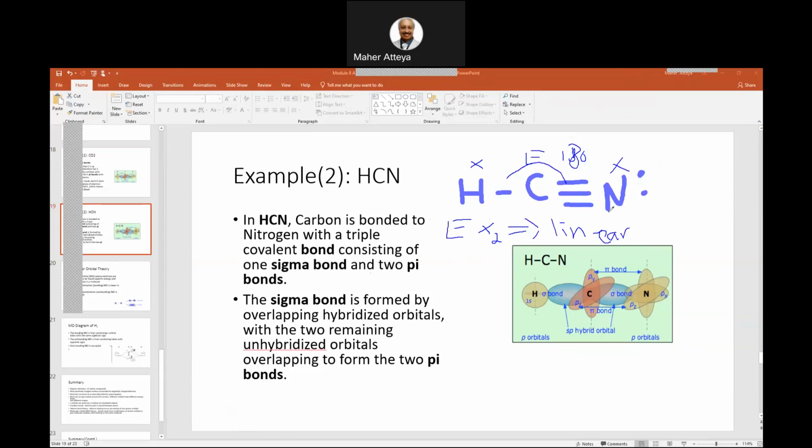And then whatever is on nitrogen, the terminal atom will contribute with the p orbitals, same like hydrogen, same like oxygen. They don't contribute with the whole thing. So this one will be sp, and this is an unfilled p orbital, whether it's X or Y or Z, whatever you name it.